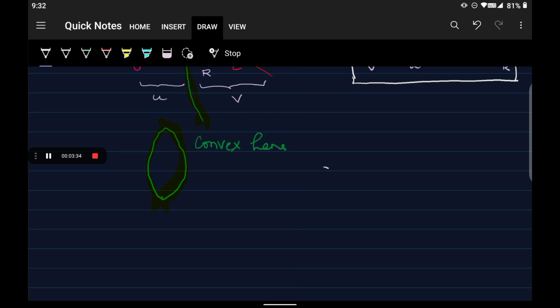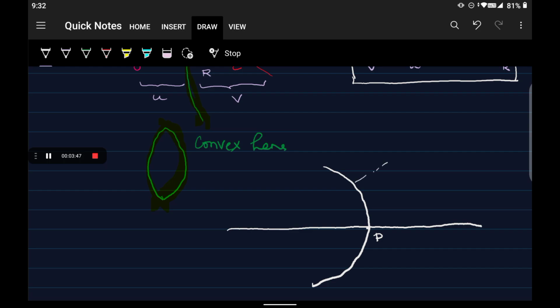This is the second refracting surface that I would like to show here, where this is your pole, and you know that a normal can be drawn from here passing through the center of curvature.